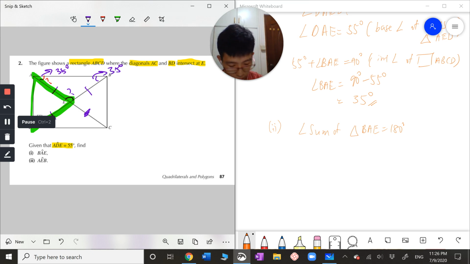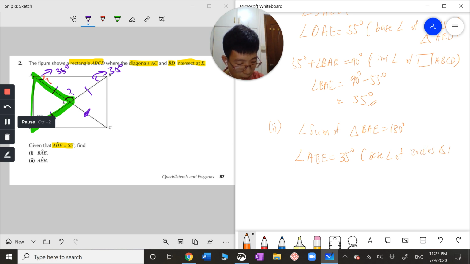So we can write that angle ABE is equal to 35 degrees also. And the reason is they are base angles of isosceles triangle ABE.